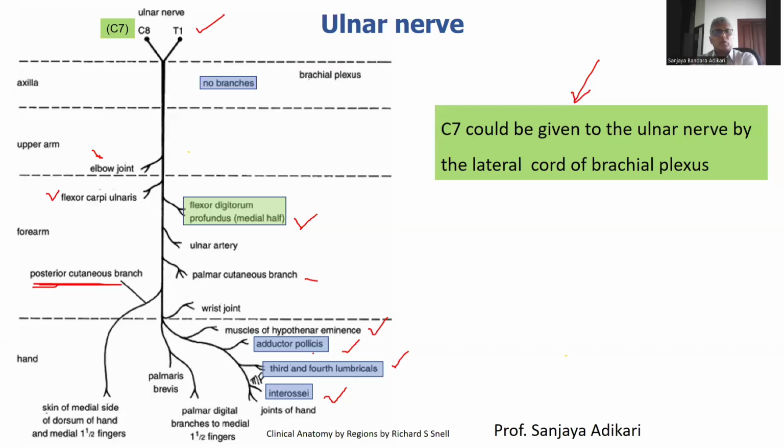Even though usually we say it ends by supplying the adductor pollicis, it can enter the thenar eminence here, and it can supply some of these thenar muscles, especially flexor pollicis brevis and opponens pollicis. One or two of them can be supplied by branches of the ulnar nerve after it supplies the adductor pollicis. But usually abductor pollicis brevis is not supplied by the ulnar nerve.